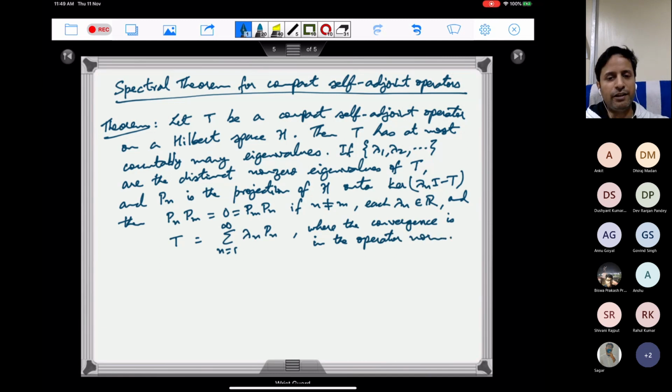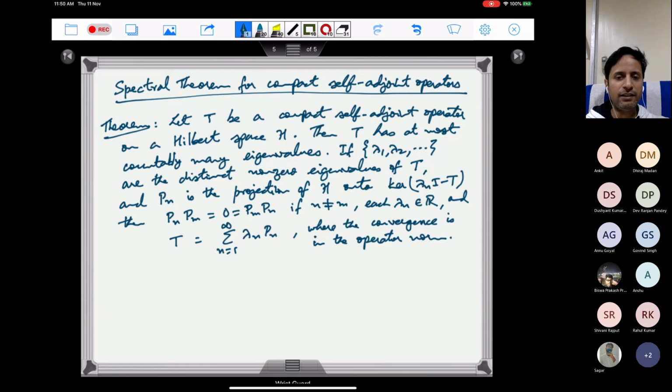That means that if I take T minus the partial sum, n equal to 1 to some k, and then take the norm of that, that goes to 0 as k goes to infinity. So this is the spectral theorem.